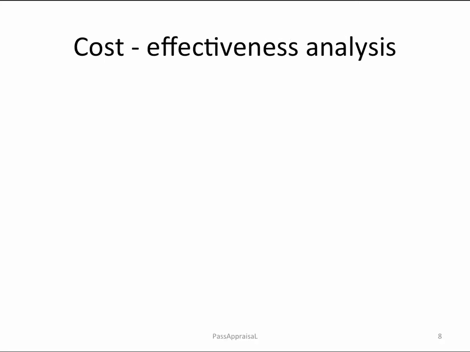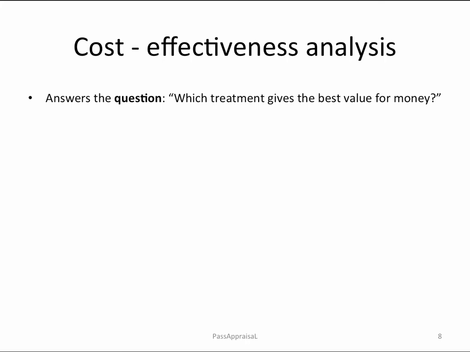Cost effectiveness analysis attempts to answer a critical question: which intervention gives the best value for money? Let us assume there are two interventions A and B. The first step in conducting a cost effectiveness analysis is estimating delta C, the cost difference.